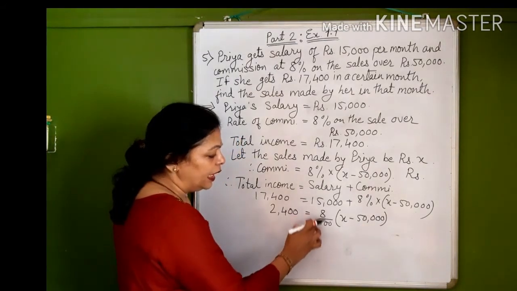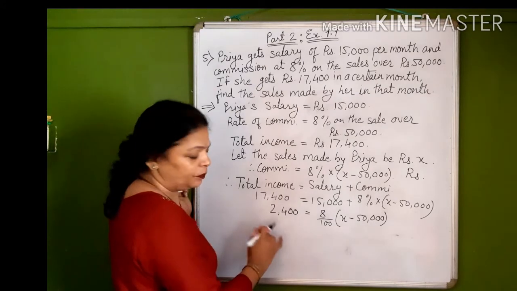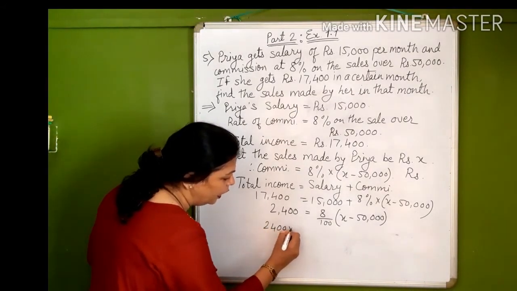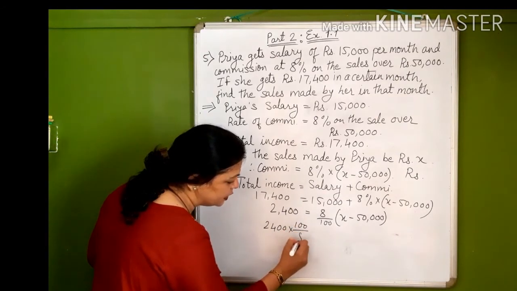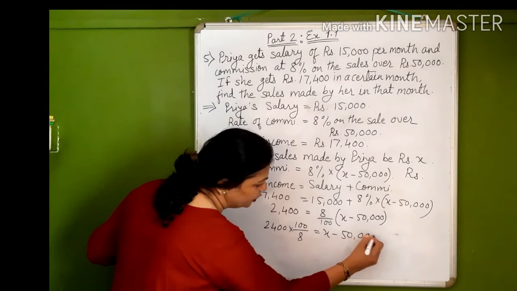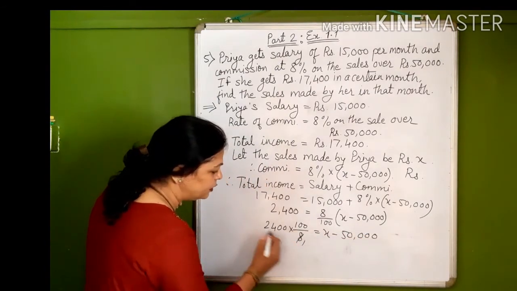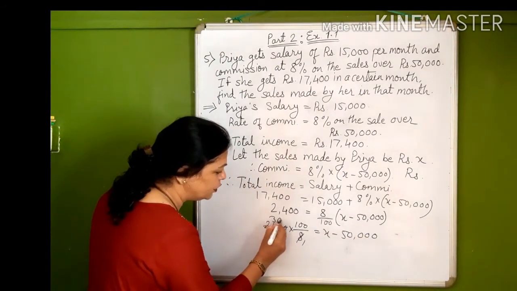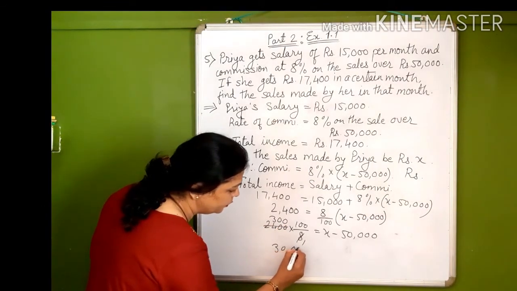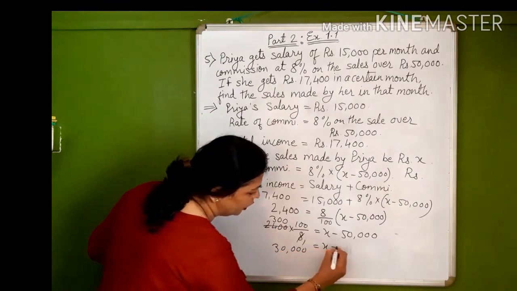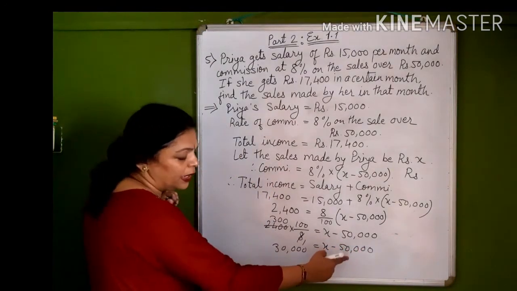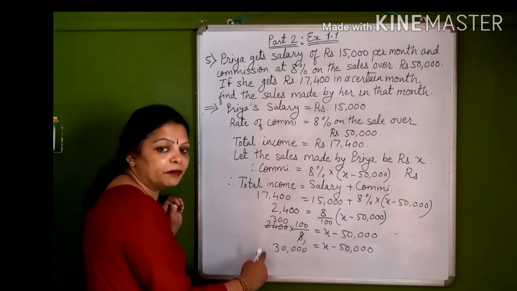Now let us take this 8 upon 100 first on this side. So how much will you get? 2,400 into 100 upon 8 is equal to X minus 50,000. Correct? 8 3s are 24, so 0 0. So this side you get 30,000 is equal to X minus 50,000. Now when you take this minus 50,000 on this side, it will come plus.